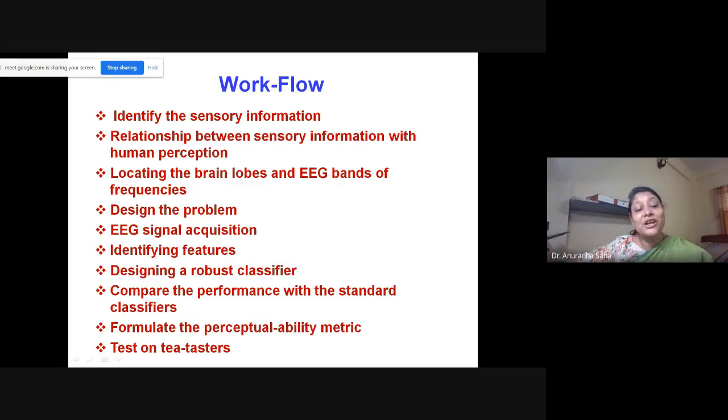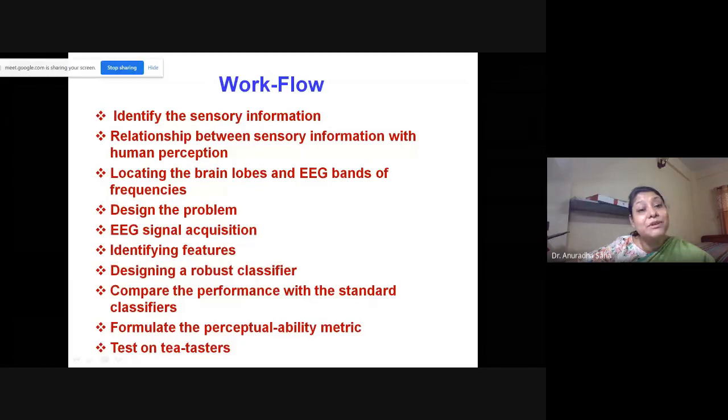First of all, from the signal, you need to identify those attributes which belong to a particular object, or which point to a particular stimulus.